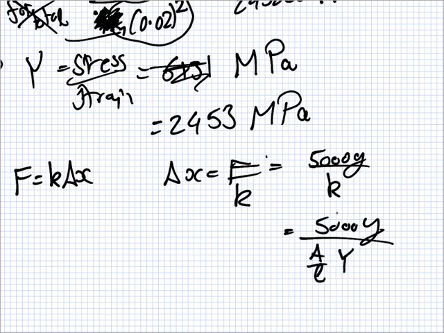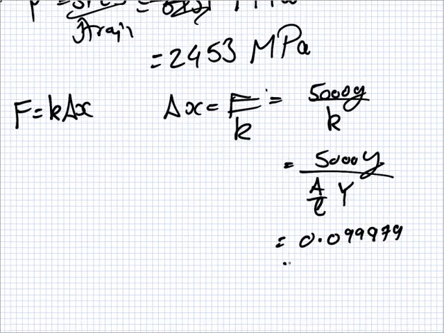Alright. 5000 g, and the answer is 0.099979. Okay, so that would be 0.1 meter. So that's 10 centimeters.